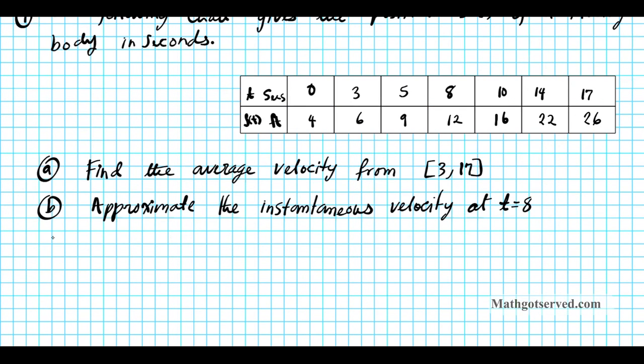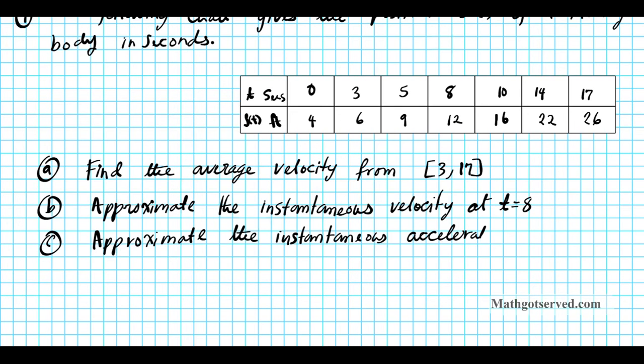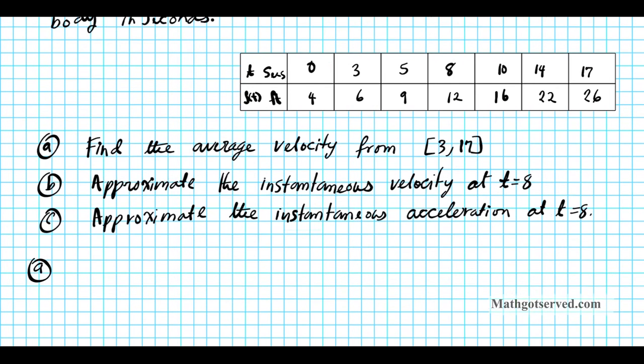And then part C, we're to approximate the instantaneous acceleration at t equals 8. Okay? Alright, let's start from the first part. The A part, we have to find the average velocity.